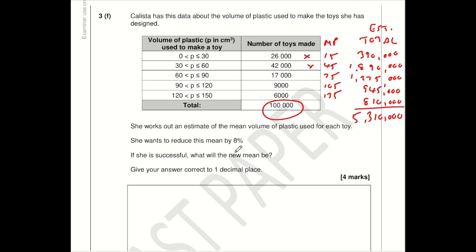So therefore, the estimated mean would be 5,310,000 divided by 100,000, and that comes to 53.1 cubic centimetres, and that is a value between 0 and 150, sort of halfway through. Well, it's kind of in this category here. It seems believable anyway. Okay, so this is going to be reduced by 8%.